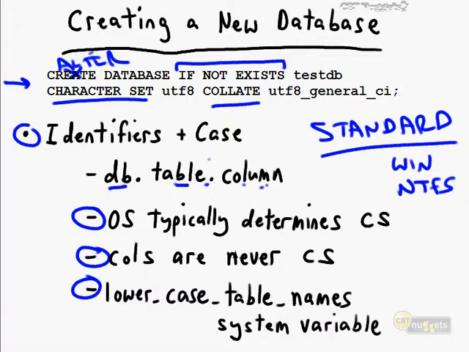If you set this parameter to 2, then table names are stored as given, but compared by MySQL in lowercase. This option also applies to database names and table aliases. We haven't talked about aliases yet. More on aliases as we go along.